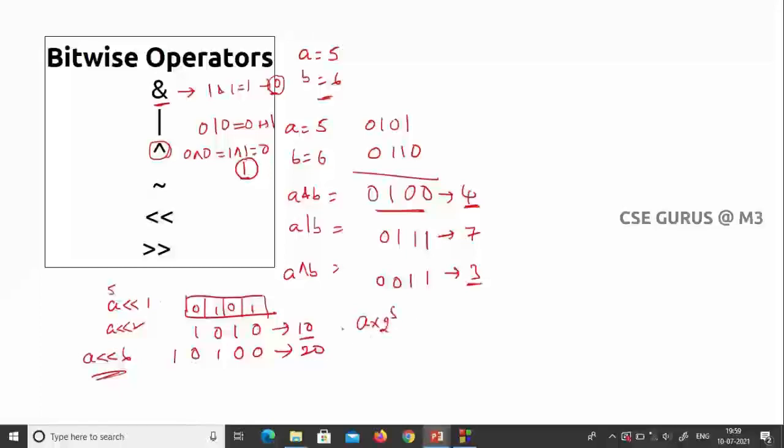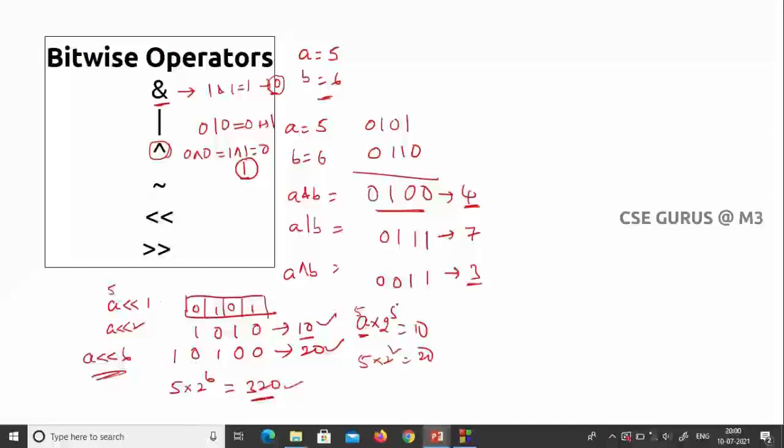Let me take my example. A is 5, with 1 shift it's 5 into 2 power 1, which is 10, our first answer. With 2 shifts, 5 into 2 power 2, which is 20. Like this, for 6 shifts it's 5 into 2 power 6. 2 power 6 is 64, and 64 into 5 is 320, right? So like this we have to consider.